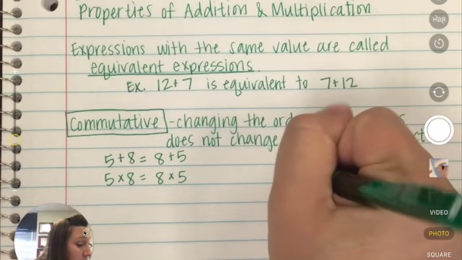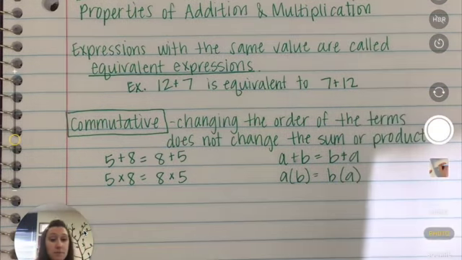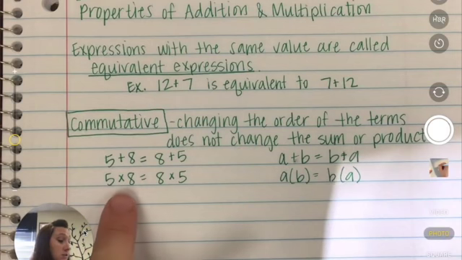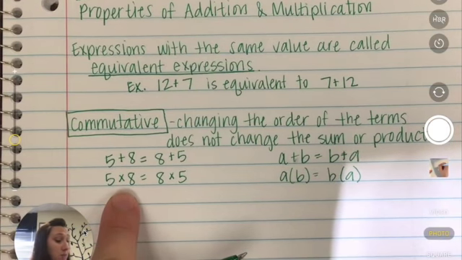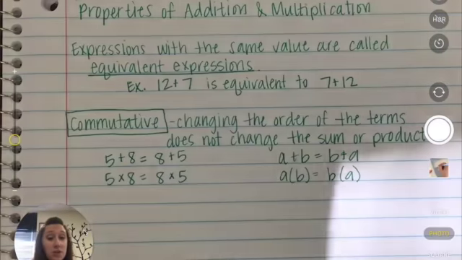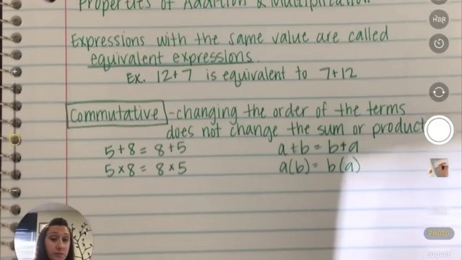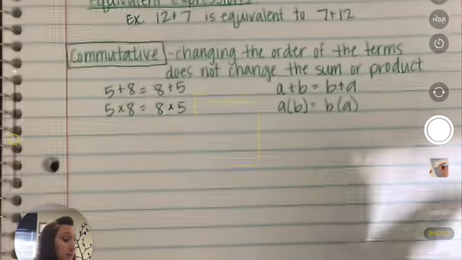A times B is the same as B times A. All right. So this is our commutative properties of addition and multiplication with numbers, addition and multiplication with variables, okay, our algebraic expressions. So just remember, commutative means I can change the order of the terms. All right, let's go down a little bit.